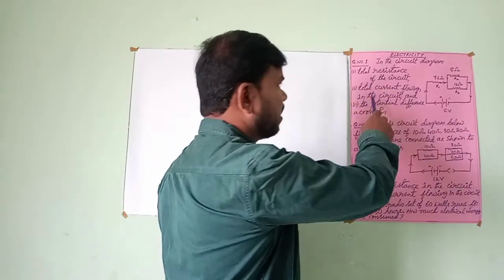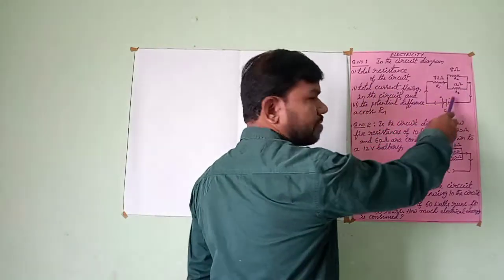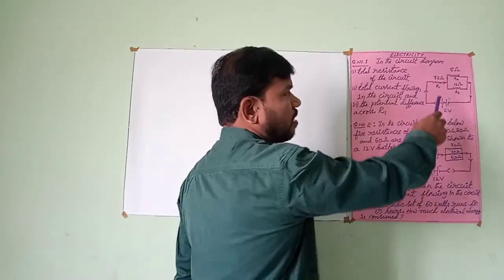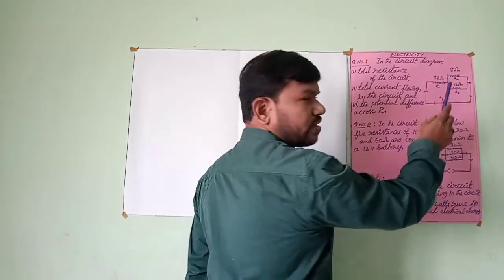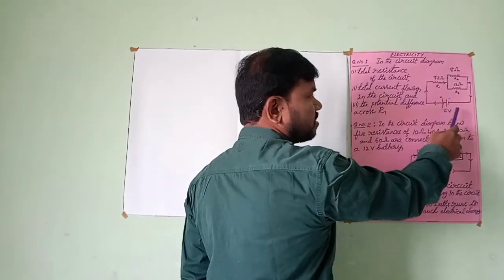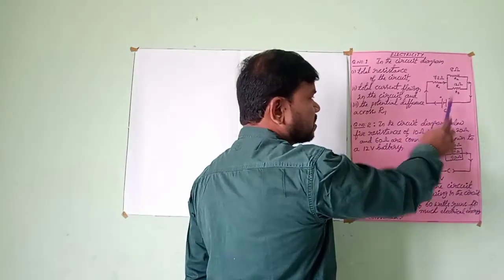Here one circuit diagram is given. Three resistors are there, R1, R2, R3, connected to a 6 volts battery.